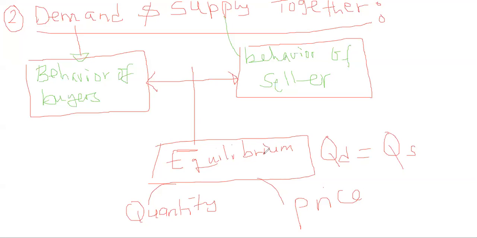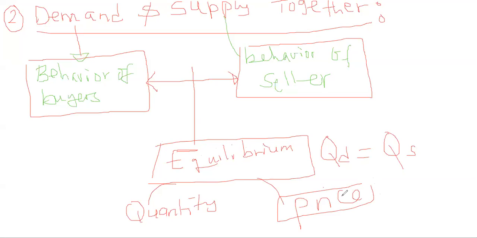The interaction will always lead to equilibrium conditions. When we look at equilibrium, we can even look at it graphically. The equilibrium price is just the price that makes sure the quantity demanded is equal to quantity supplied.